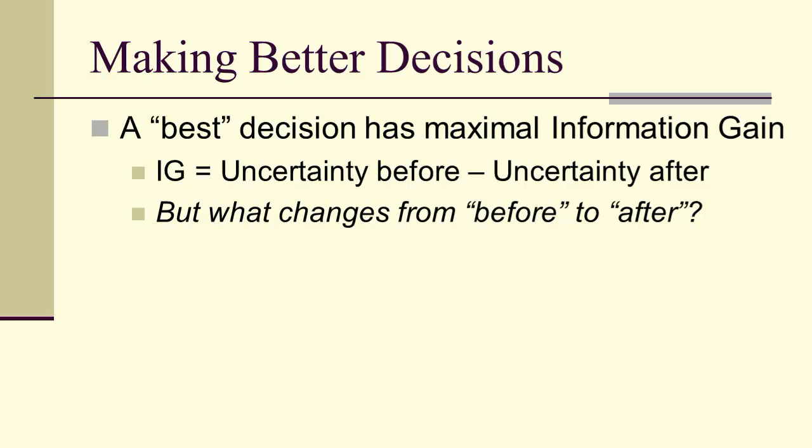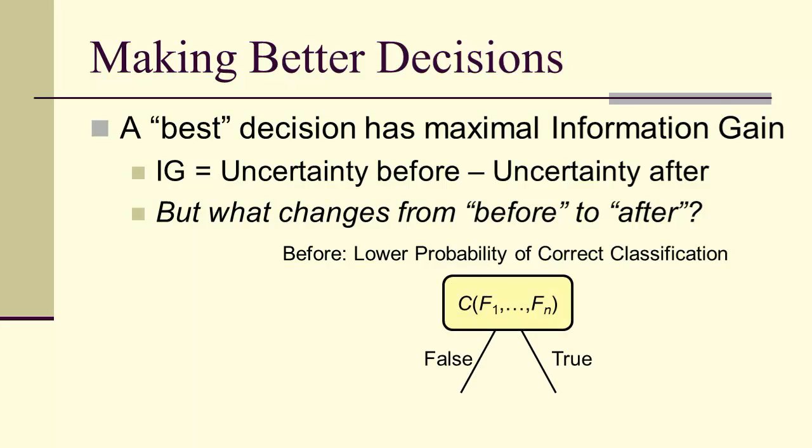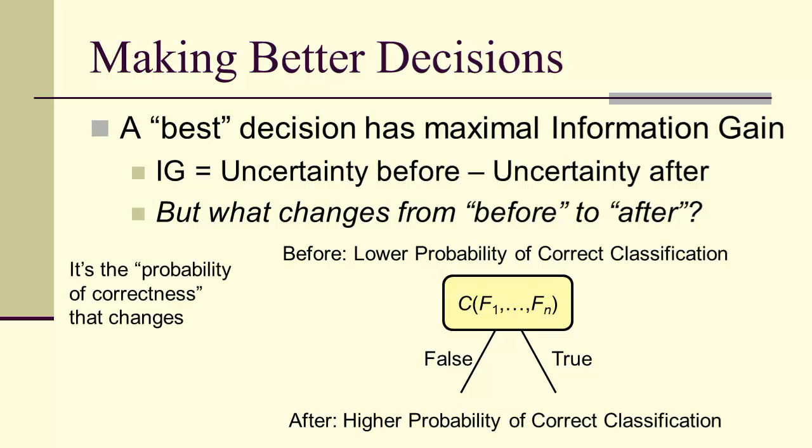A best decision has maximal information gain. And the information gain is essentially the uncertainty before minus the uncertainty after. But what about changes from before to after? Before, we had a lower probability of correct classification, then we made a decision, and afterwards we had a higher probability of a correct classification.